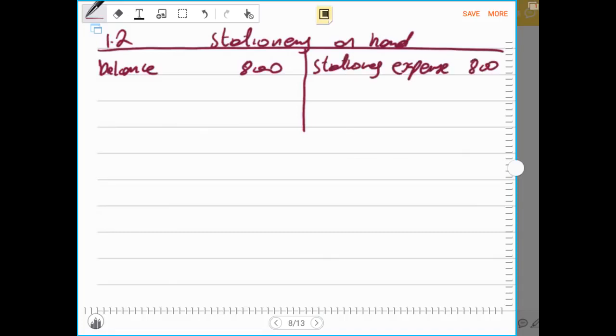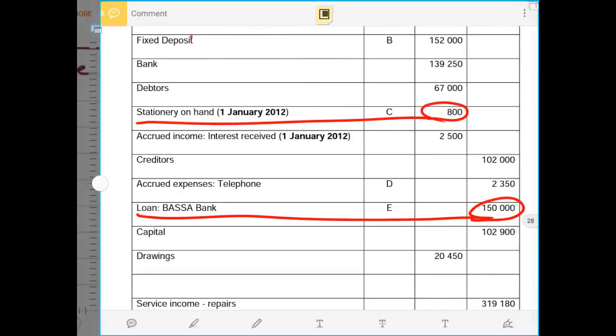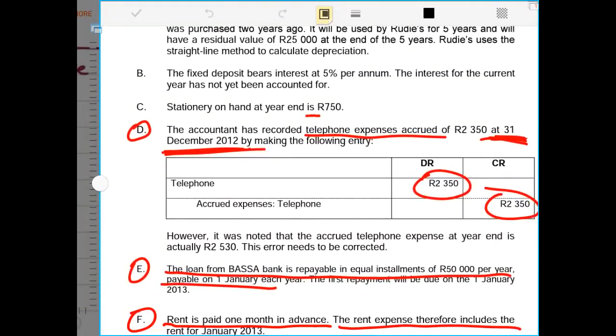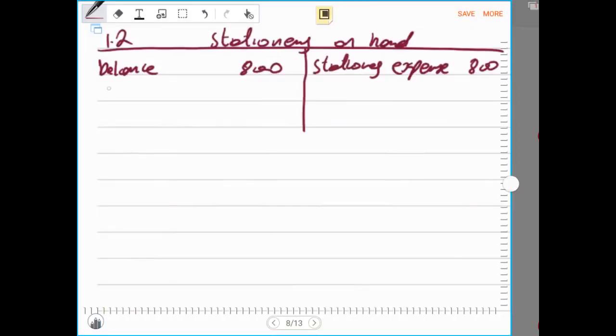Then after, there was stationery bought during the year. The stationery that was left at the end of the year amounted to 750. Stationery on hand by the end of the current year. So now we have to record that on the debit side. And contra entry will just be stationery expense of 750.